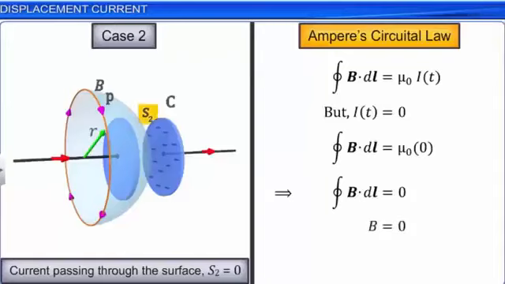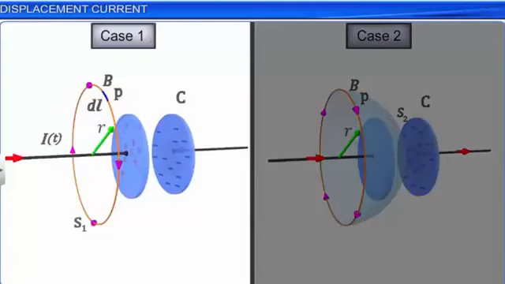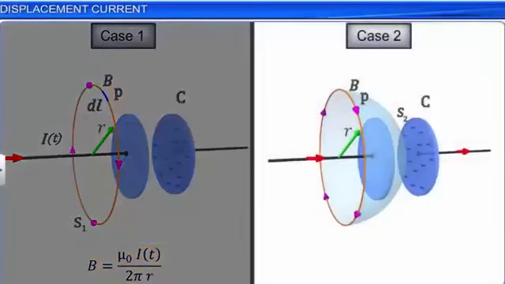Thus, Ampere's circuital law gives two different results at the same point P. In the first case, the magnetic induction at point P, B, is equal to mu naught into I_T by 2 pi r. In the second case, the magnetic induction is 0 at the same point, which is a contradiction. This contradiction arises with the use of Ampere's law, which must be missing some term.